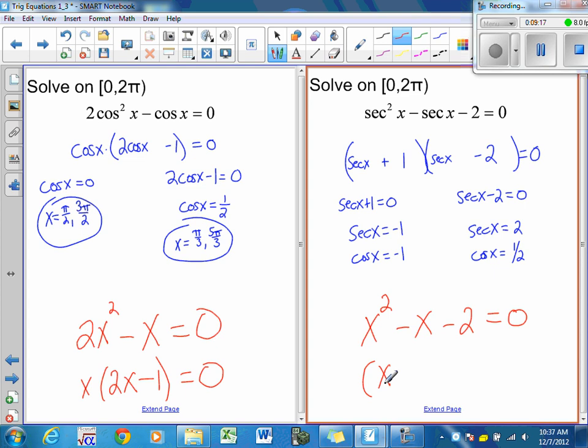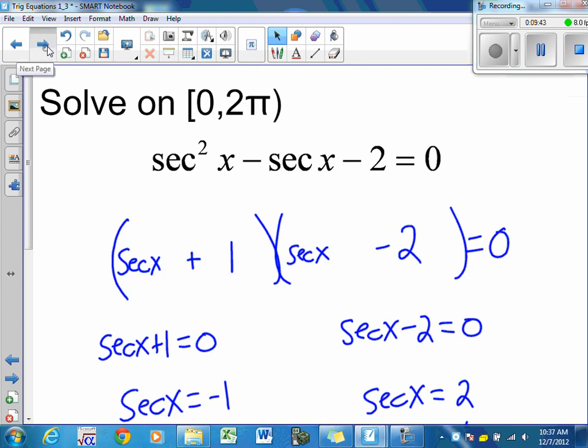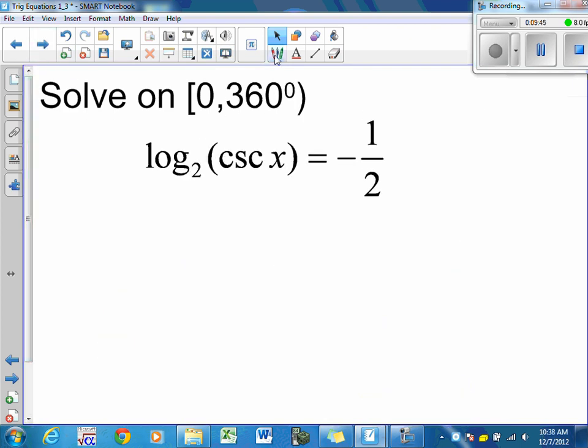This factors into x plus 1, x minus 2. And here our x is secant. So you can kind of think of that trig function as an x and maybe rewrite it. That might help you visualize it to go back to our quadratics and factoring. We haven't forgotten all that we've done before with quadratics and factoring. It's now coming back with our trig functions.